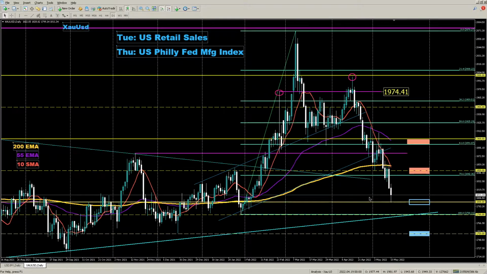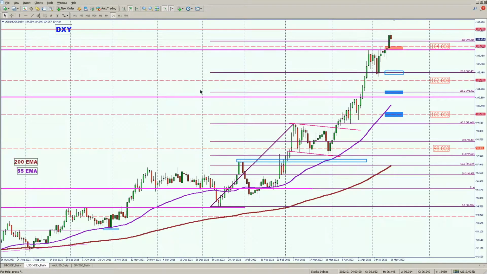Right, we need to correlate with the US dollar index, the DXY, and let's take a look at that. Right, this is the DXY, and it did manage to punch through the resistance at the 104, along with a previous swing high here, and closed quite bullish on Thursday, but then pulled back slightly on the Friday.